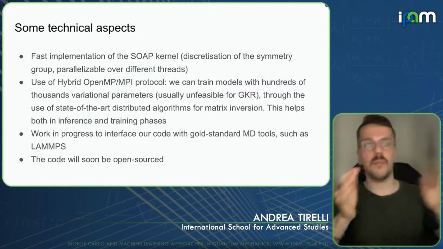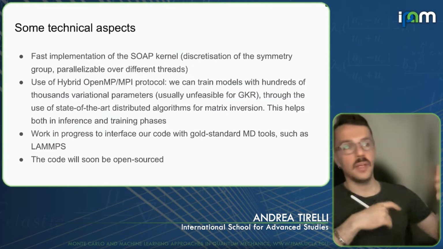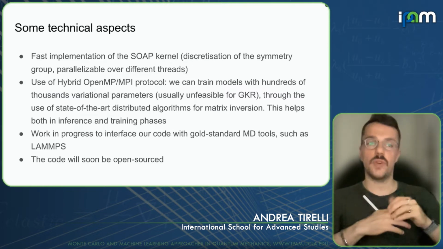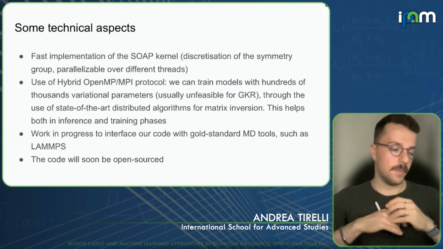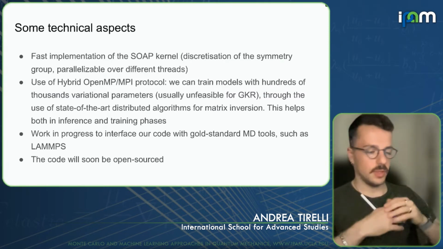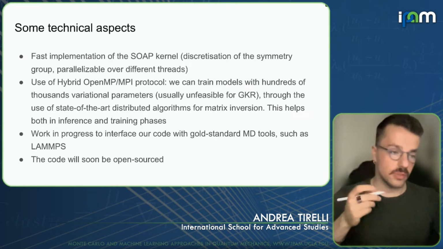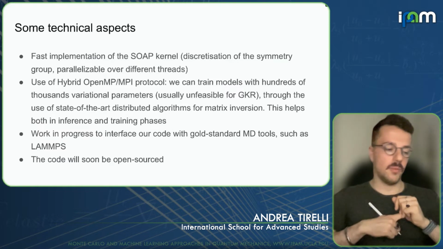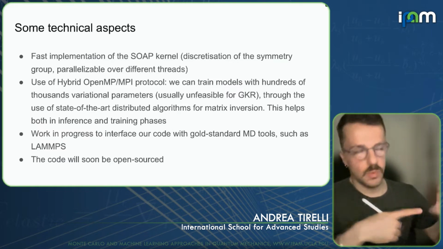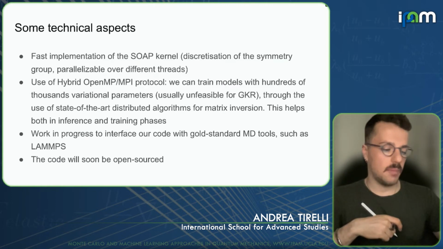We have a hybrid OpenMP MPI protocol, which enables us to scale quite well with the size of the training set, both in the training and inference phase. And we have extended our code to handle generic periodic boundary conditions and multi-species systems, and we want to open source the code and interface it with the standard MD tools.